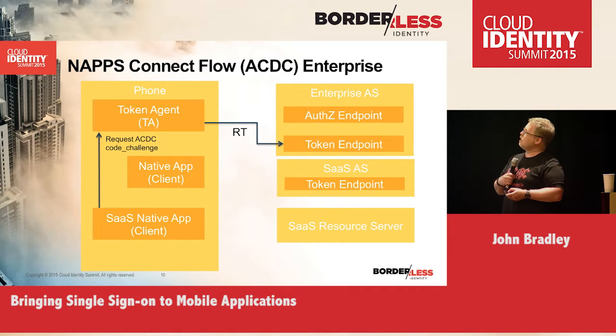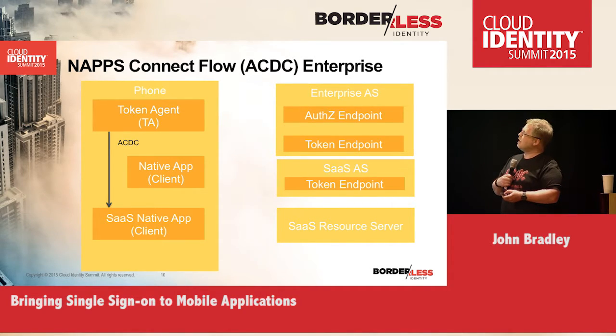So it will configure itself for the appropriate enterprise, and then make a call to the enterprise token agent, again with the same pattern of requesting an ACDC, sending a code challenge, makes the call to the token endpoint, gets back an ACDC token, which again has the code challenge as part of the confirmation element.